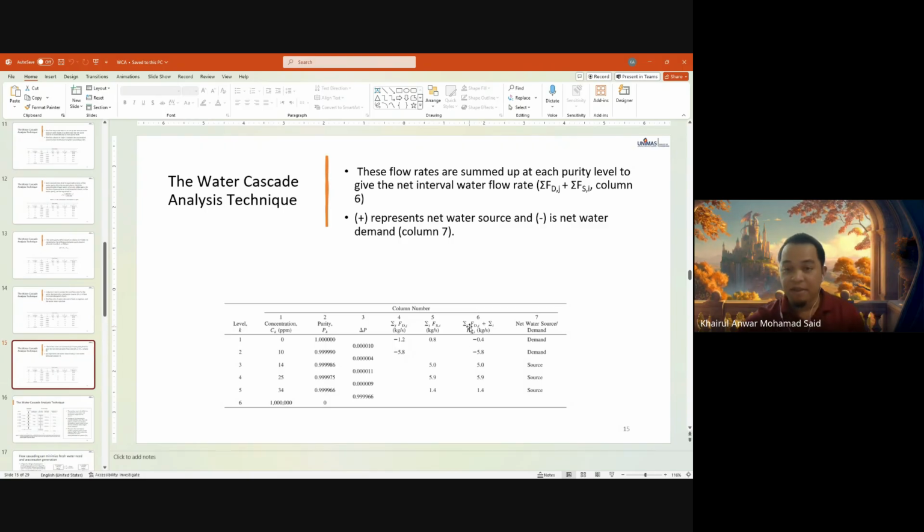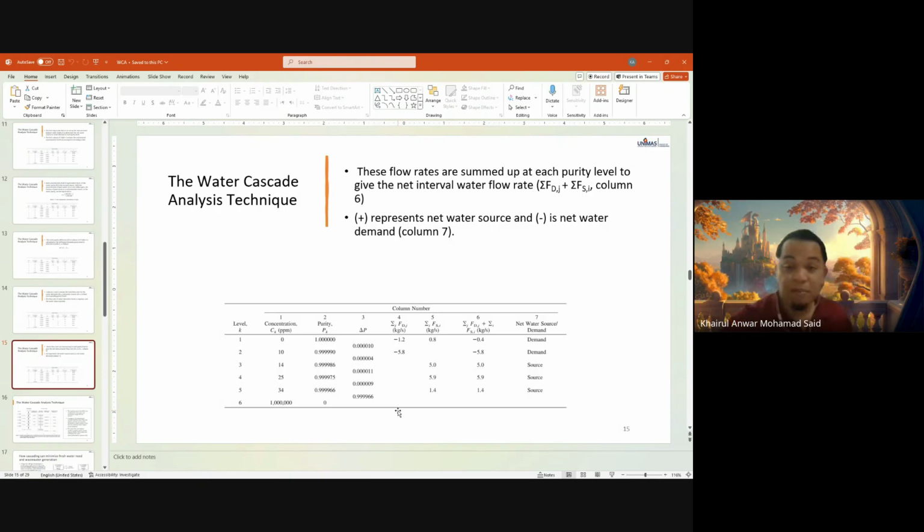So FD plus FS: minus 1.2 plus 0.8. Similarly, there is no flow rate for that concentration for water demand.